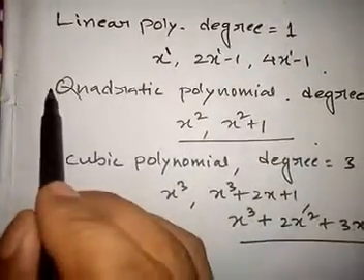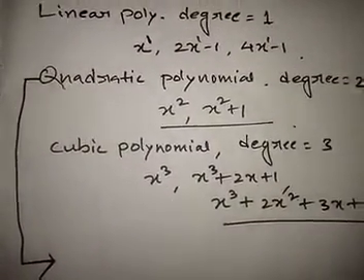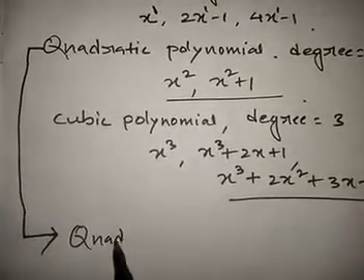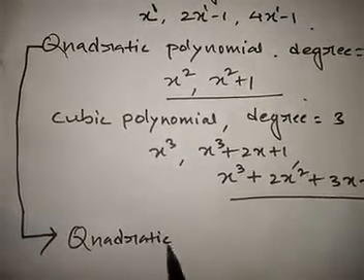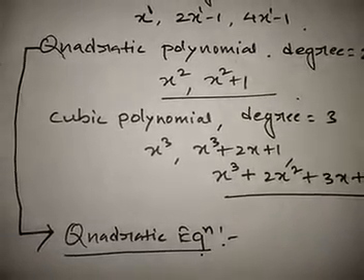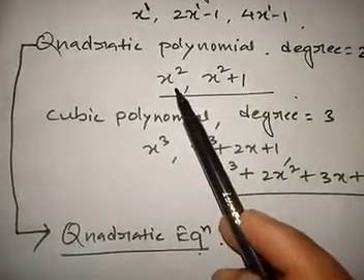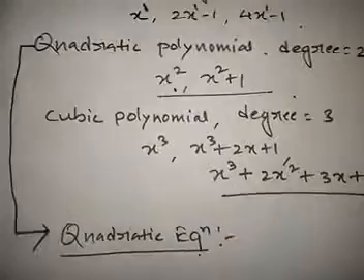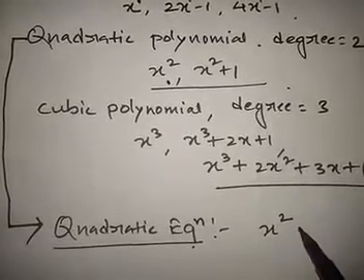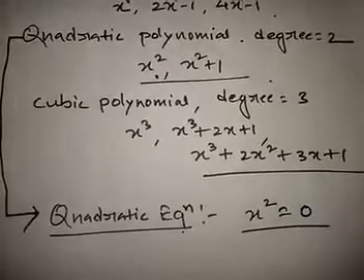So from the quadratic polynomial, if you have to write a quadratic equation, suppose this was your quadratic polynomial, x square. If we write x square equal to 0, then it will become a quadratic equation.